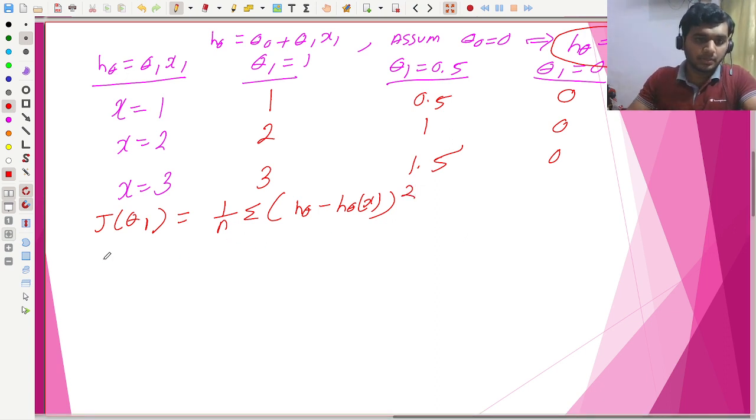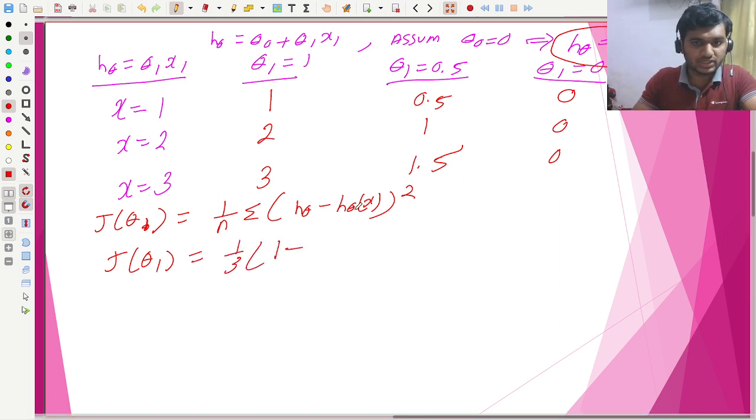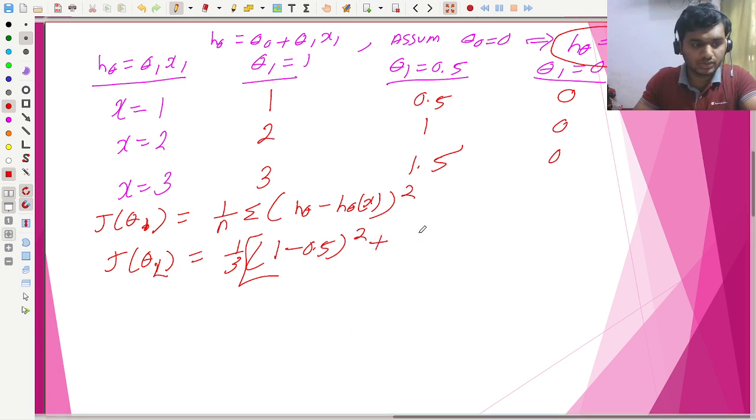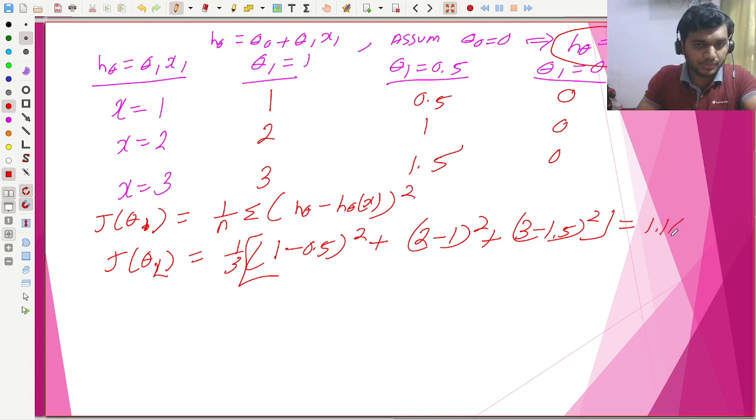So here the first one is J of theta 1 equal to 0.5: 1 by 3 into (1 minus h theta of x, that is 0.5) whole square plus (2 minus 1) whole square plus (3 minus 1.5) whole square. If you calculate this, the value is 1.16.